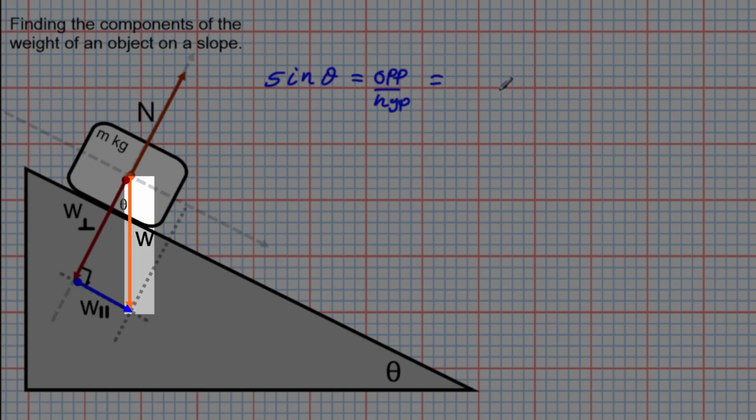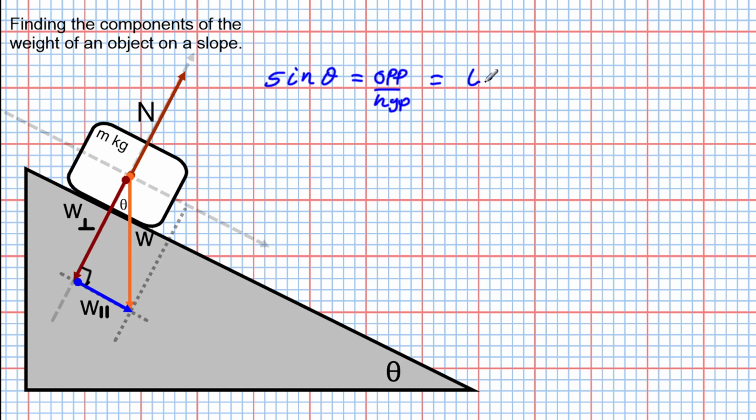Now the opposite side is shown to be the weight, the parallel component of the weight down the slope, that's the one we're after, divided by the hypotenuse of the forces triangle, which is the weight itself, W. So we have an expression, sine theta is going to be equal to the weight parallel to the slope divided by the weight.